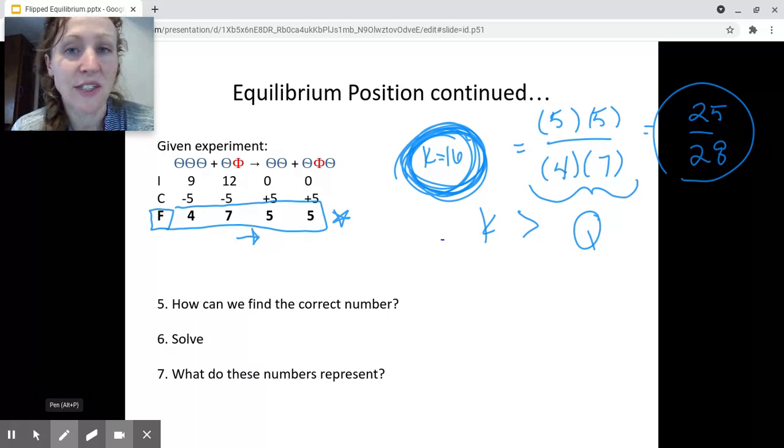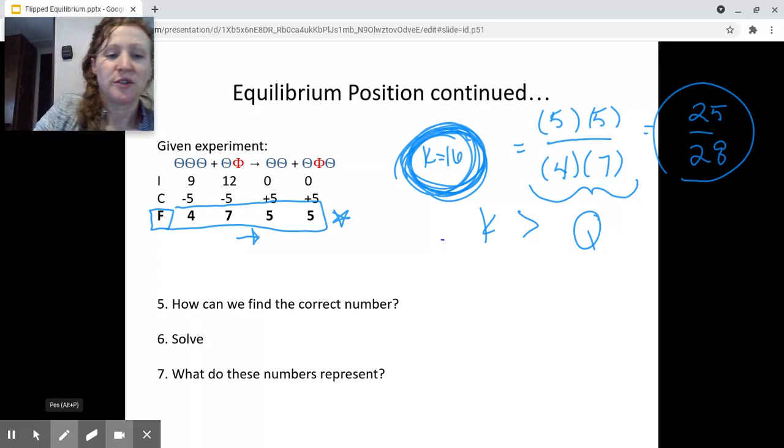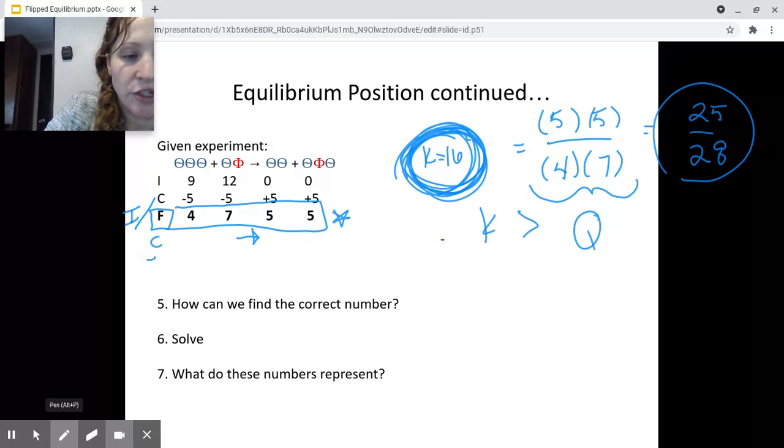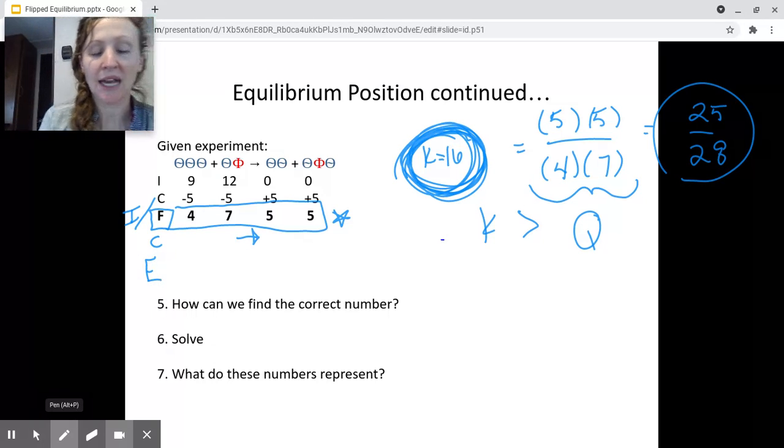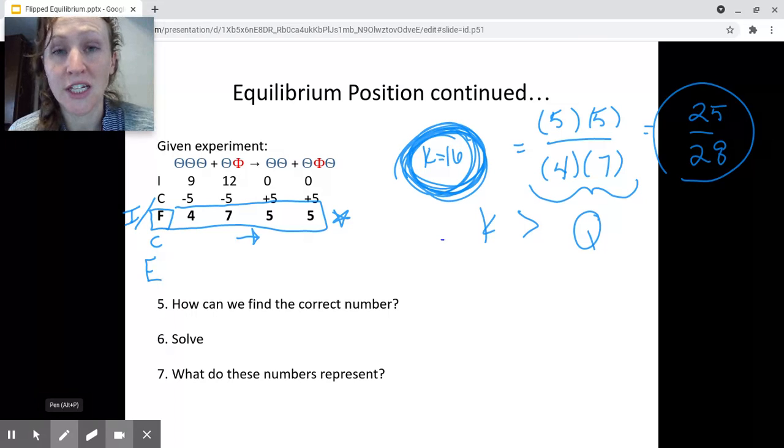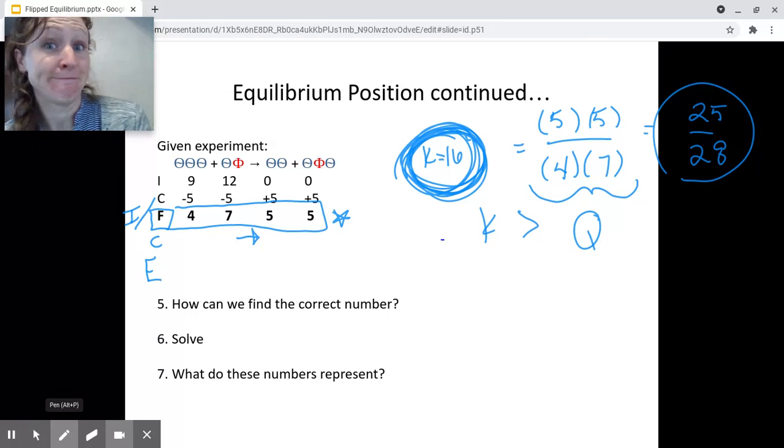Our products have to get bigger, our numerator has to get bigger, our reactants, or our denominator, have to get smaller. Okay, so what's the change? If we start here, and this becomes our new initial, change, final, and this final is going to be at equilibrium, what is our change going to be?